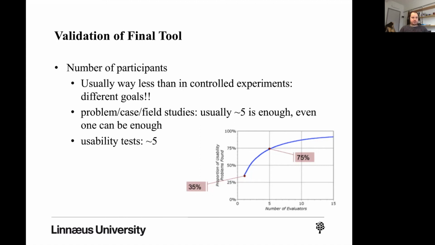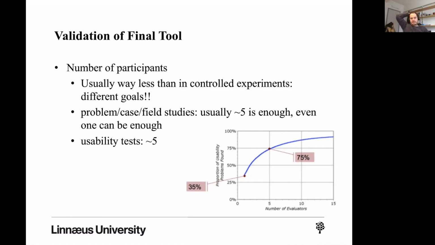For example, if you're doing a controlled experiment where you have these very specific tasks and these very specific measurements, and you want to have statistical power, so to speak, in your results, then you need to reach a certain number of participants that makes sense to the experiment that you're running. However, when you're gathering these kinds of informal subjective insights, you're doing a field study or something like this, then usually 5 people is enough, right? In usability tests, you don't need 30 people as you would in an experiment, for example.